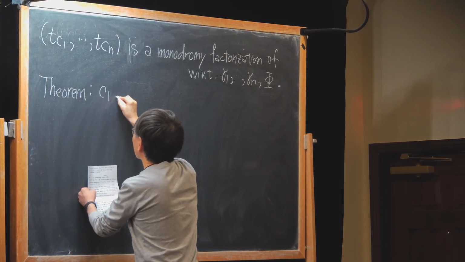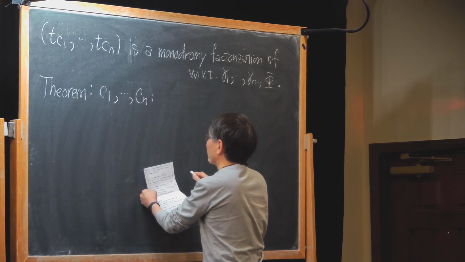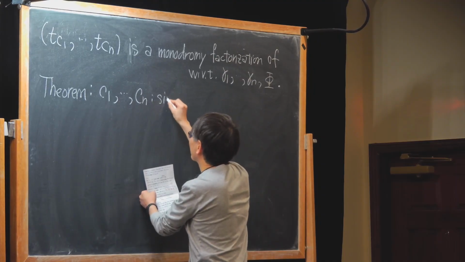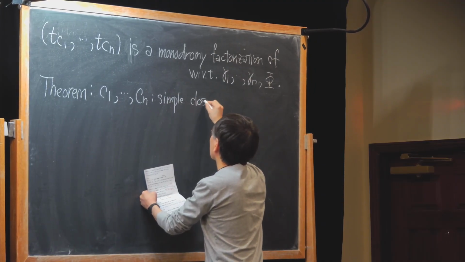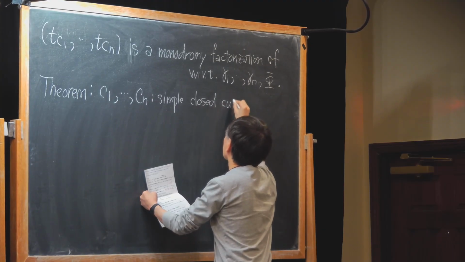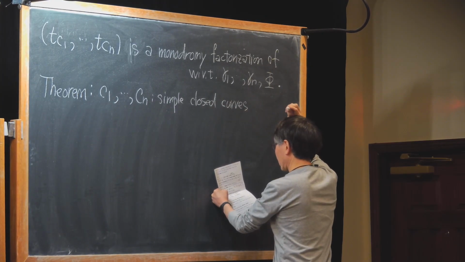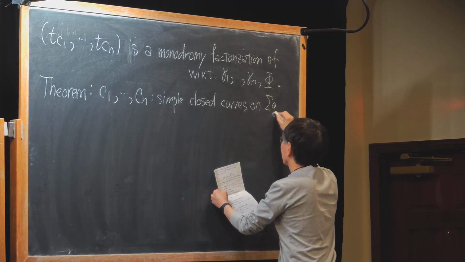Let c_1 to c_n be simple closed curves on sigma g.